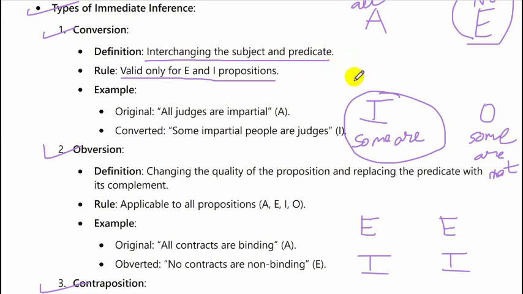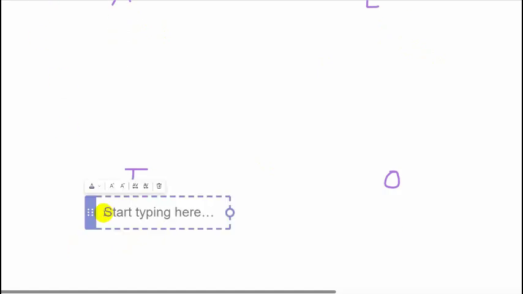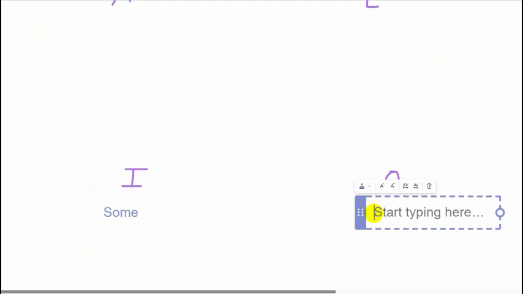For example, we have this table. Let me draw the table again. A, E, I, and O. A stands for all, E stands for no, I stands for some, and O stands for some are not.